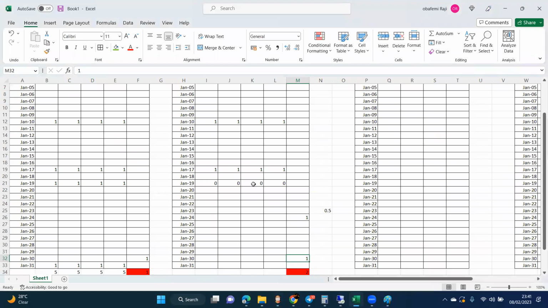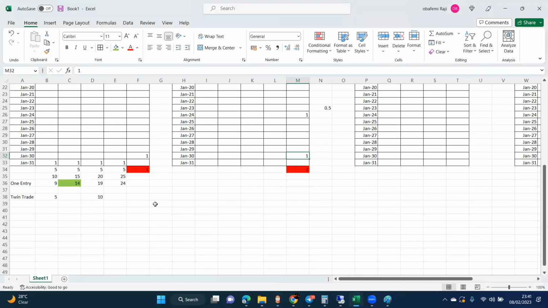Right, so one more thing I'll say before we proceed. I prefer twin trade because I trade prop accounts. There's a limit to the amount of losses I could incur trading for a prop account, right? On an average, I can't go beyond 10% drawdown or outright loss.